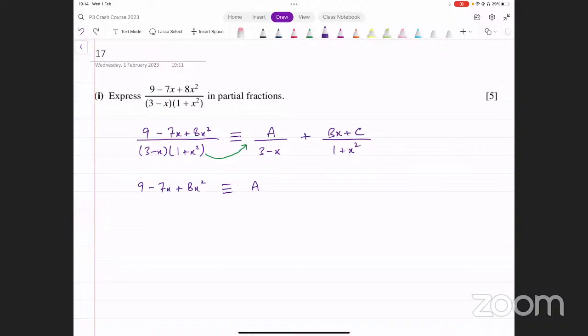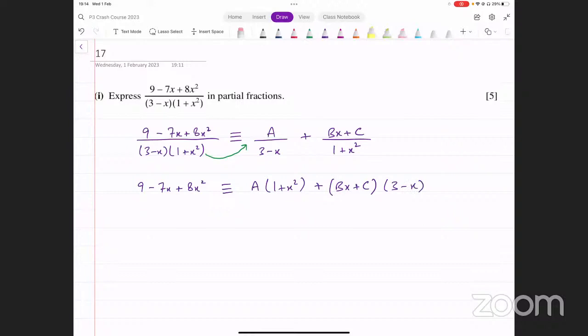And you're going to be left with A into 1 plus x squared. And then you have Bx plus C. When this thing multiplies with this, 1 plus x squared and 1 plus x squared are going to get cancelled. And you're going to be left with 3 minus x.